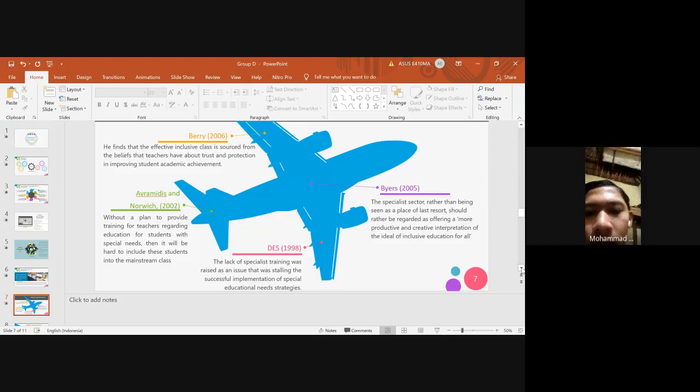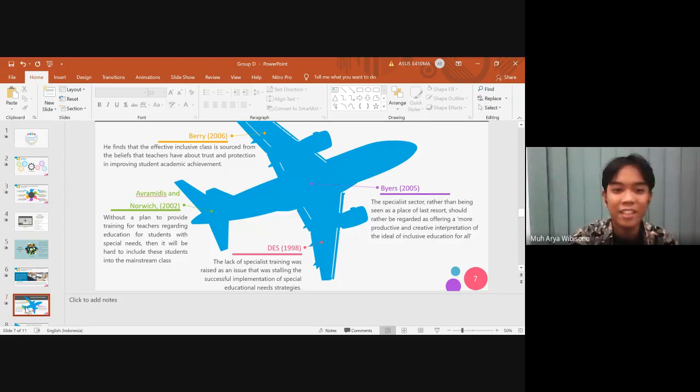The final one is from Byers, 2005. The specialist sector, rather than being seen as a place of last resort, should be regarded as offering a more productive and creative interpretation of the ideal of inclusive education for all.